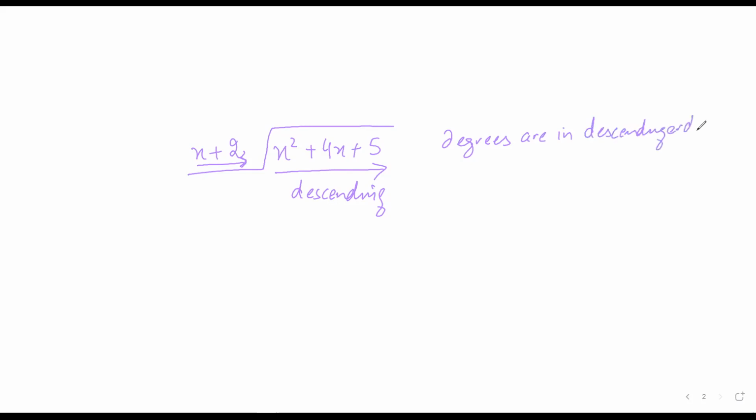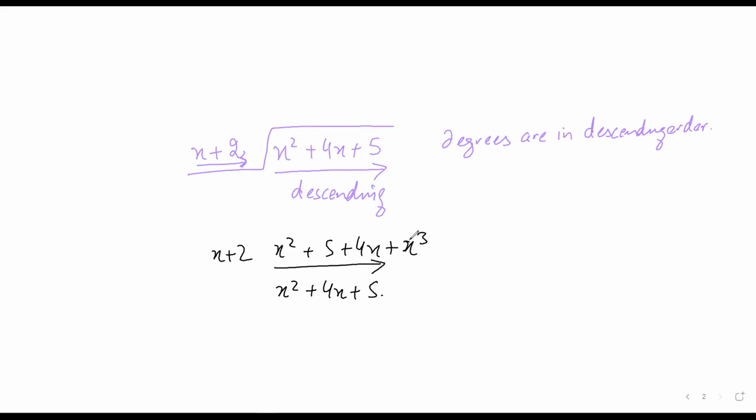Sometimes, just to trick you, they will ask a question like this: divide x square plus 5 plus 4x by x plus 2. In these kinds of questions, you'll have to manage the degrees. You'll have to write it like x square plus 4x plus 5. Or they might write something like this.